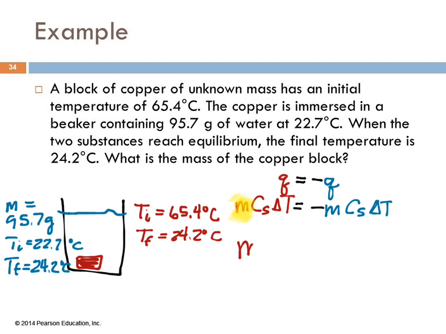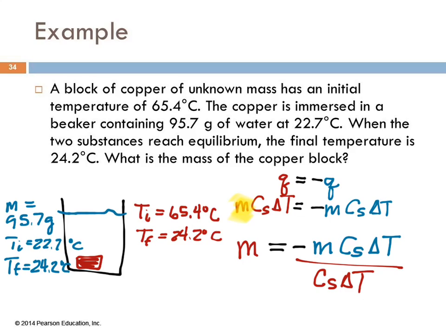And we're going to end up with the mass of the copper being equal to negative the mass of the water times the specific heat capacity of the water times the change in temperature of the water. We're going to divide that by the specific heat capacity of the copper and the change in temperature of the copper.